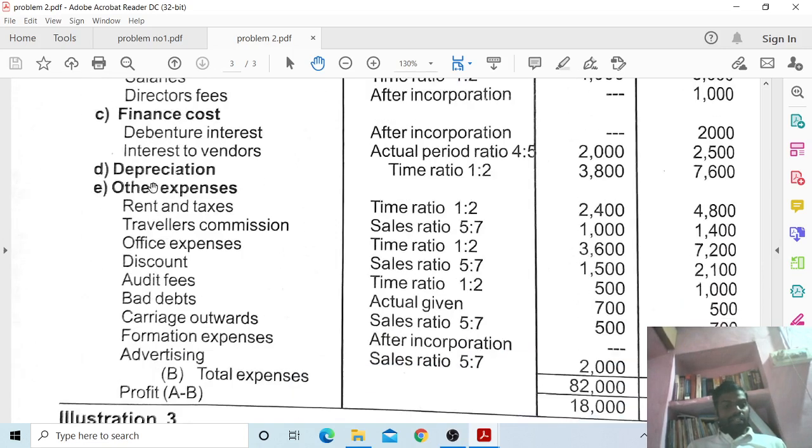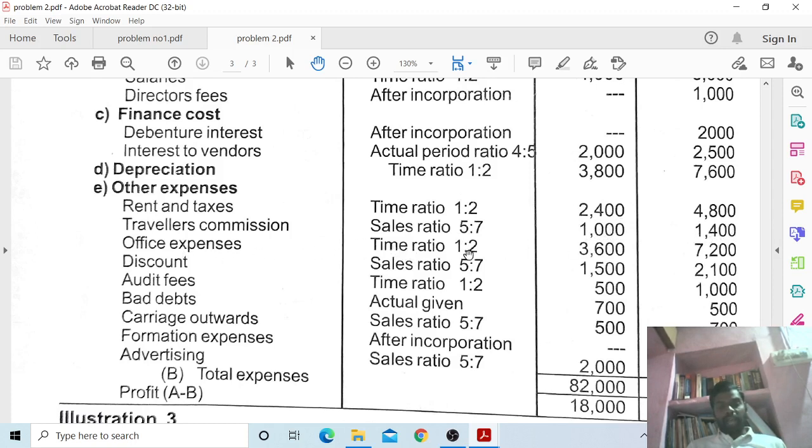Next, other expenses. Rent and taxes, time ratio 1 is to 2. Total 6,000, so 2,400 and 4,800. Traveler commission, sales ratio 5 is to 7. Total 2,400, so 1,000 and 1,400.